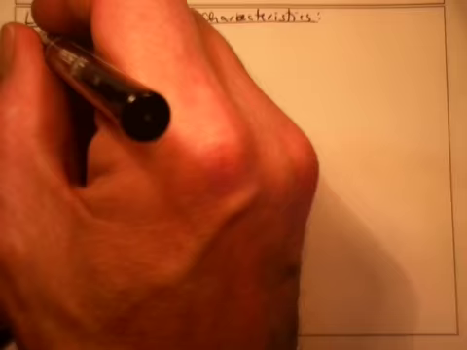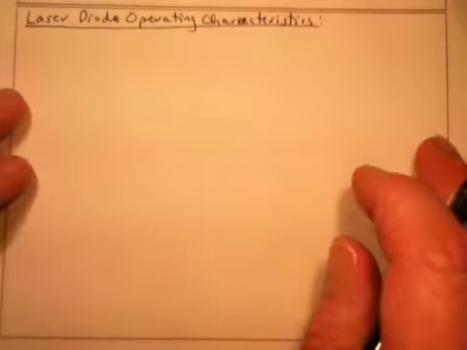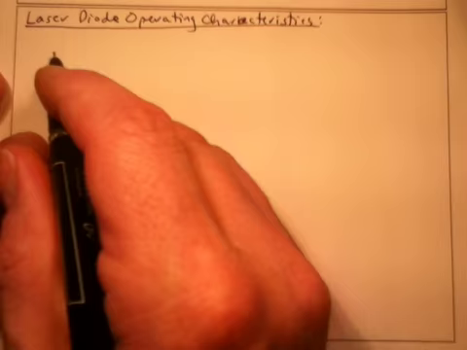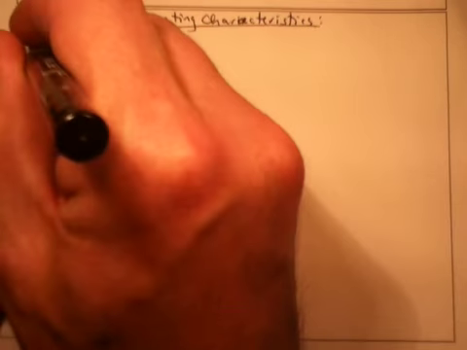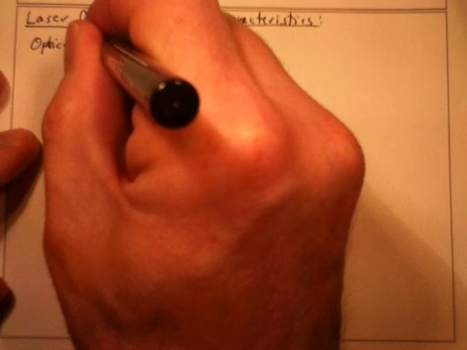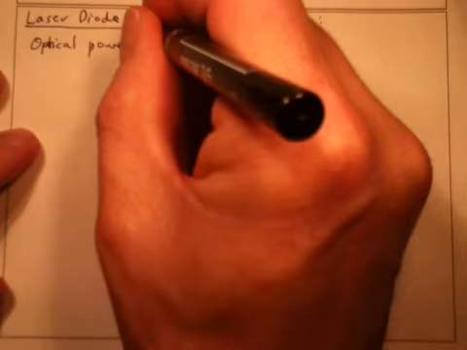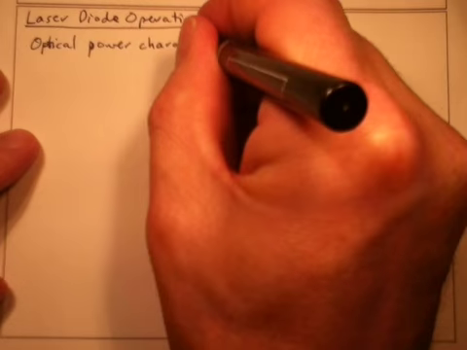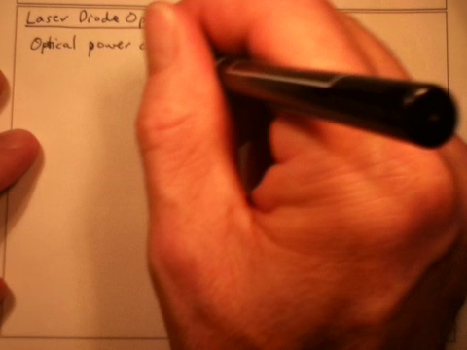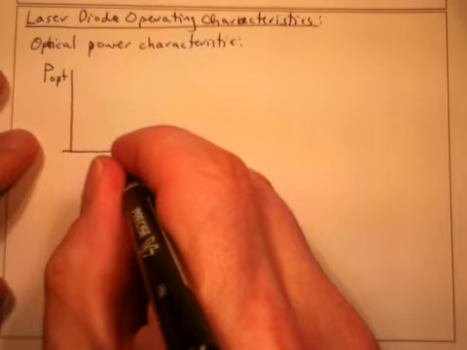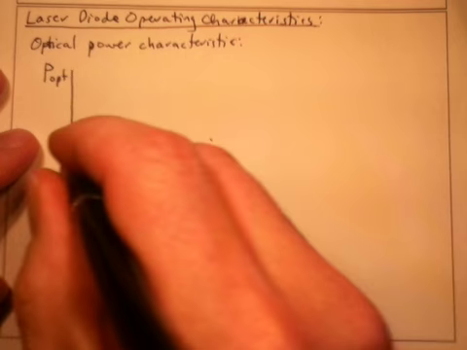And so there is a linear region, but we have to reach a threshold before we hit that linear region. So the optical power curve characteristic: we have P optical and we have drive current here.